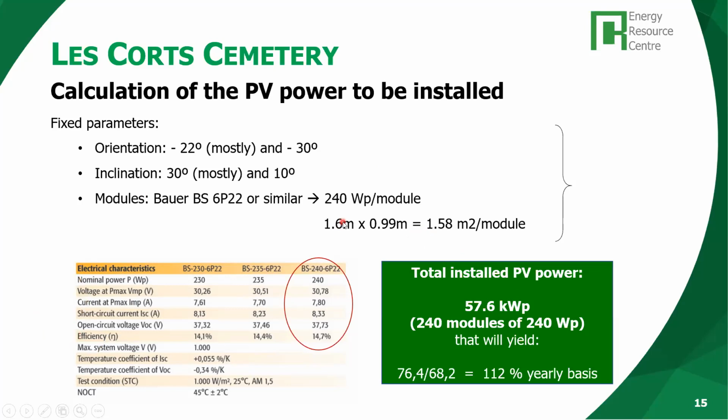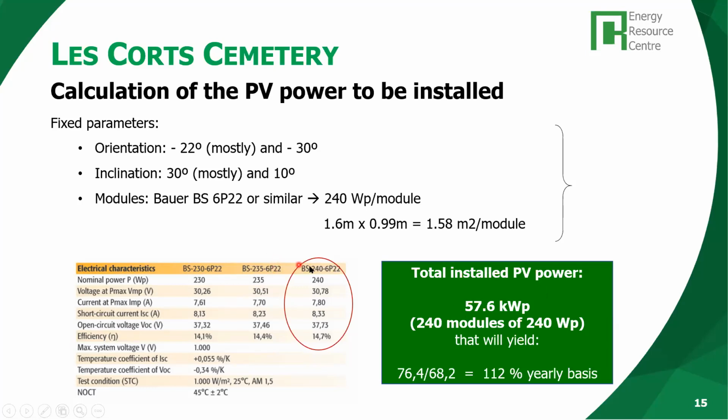Thank you. So I was saying, considering the availability of space and the amount of electricity that the cemetery is consuming during the whole year, the calculation of roughly 58 kilowatt peak came up as the needed installed PV power.